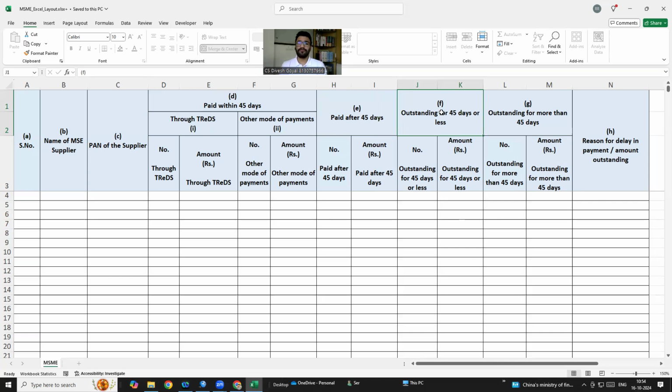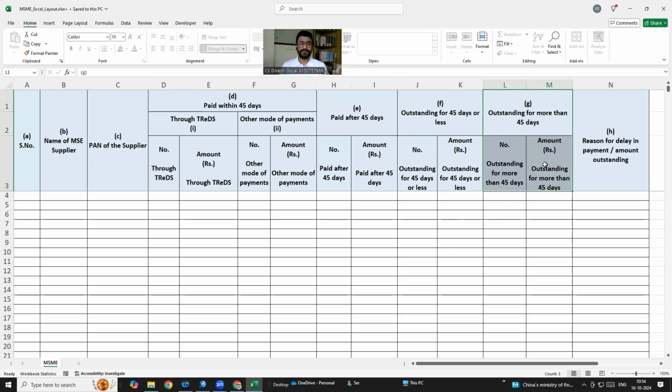So now this is a very big form in comparison to the earlier form. Earlier, we were giving only one information. Now we are giving 4 types of information. So practically, if due to outstanding more than 45 days our company has to file this form, then all those information you have to fill.